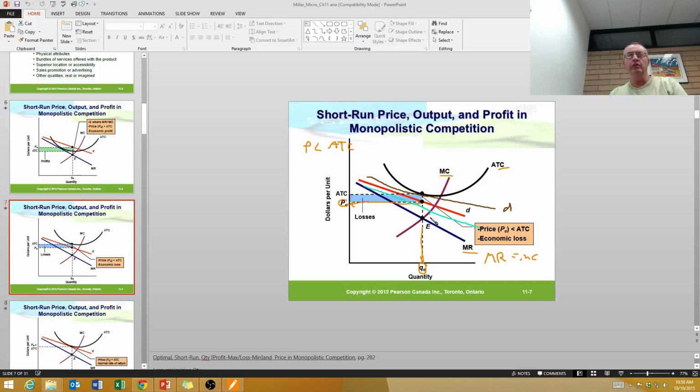So the new equilibrium quantity is going to be QE2, read up to the demand curve, the price. So price is going to rise. And at this new point, price exactly equals average total cost, and the economic losses disappear.